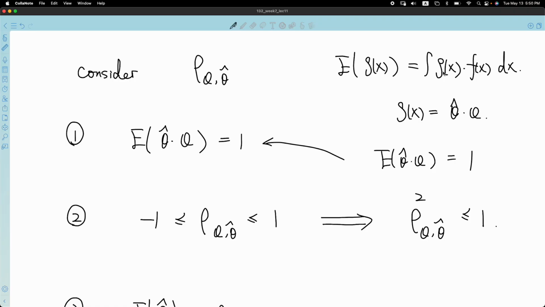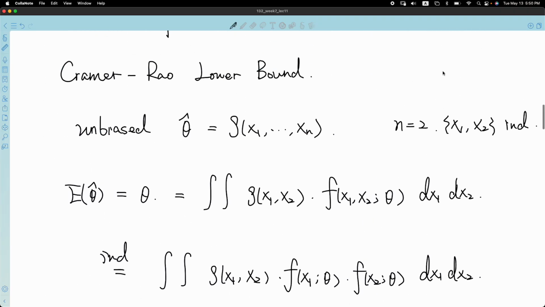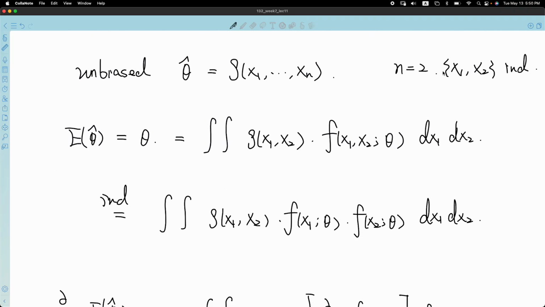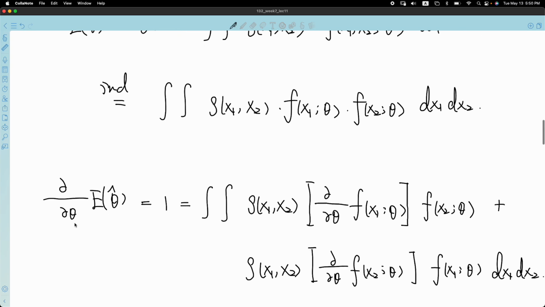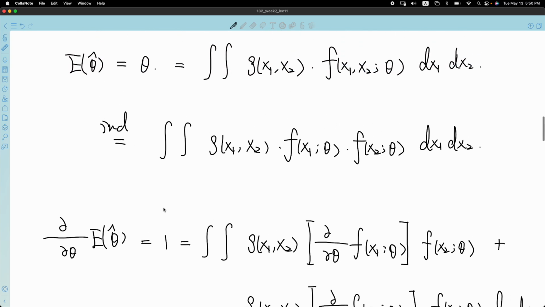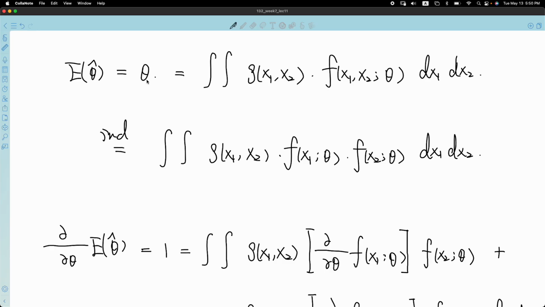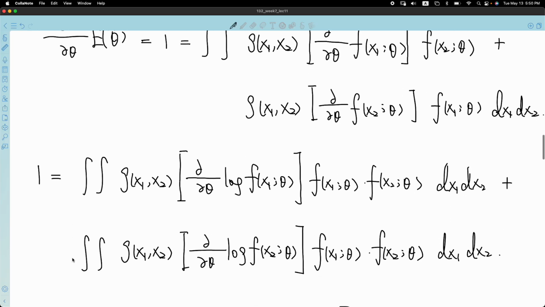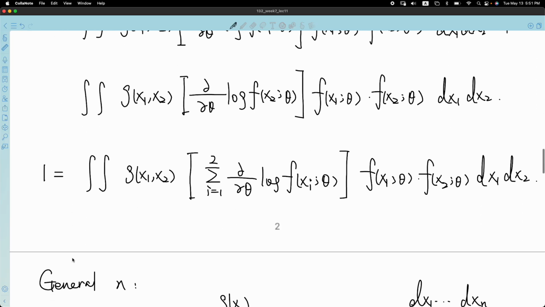We know it equals 1 because of the unbiasedness. The 1 comes from all the way at the beginning, from the definition: the expected value of an unbiased estimator is equal to the true value. When I take the derivative of this, it becomes 1, and this is the derivative of that. Good question, thanks.